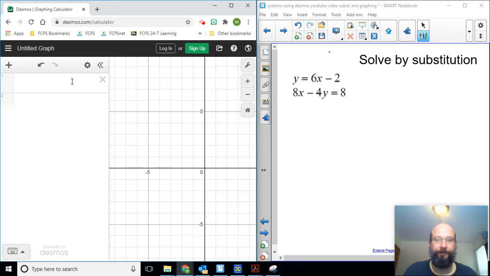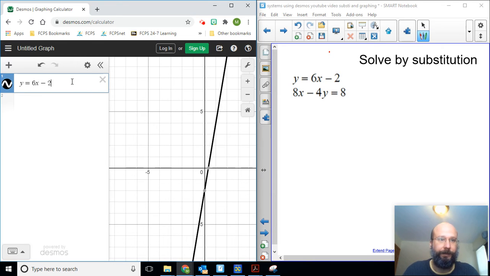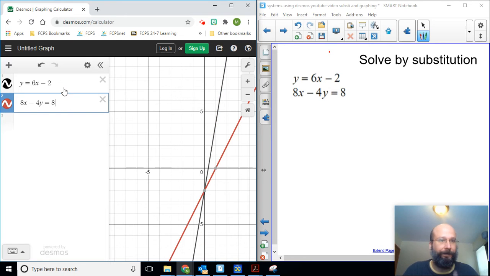Do another one. y equals 6x minus 2. And 8x minus 4y equals 8. The top equation is the black line. The bottom equation is the red line. I see where they cross.